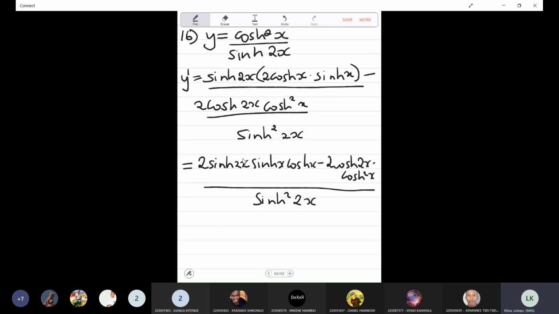You can change this sine hyperbolic of 2x, then you end up with a sine squared, cos squared, and then the 4 there. You can do that, but I don't know if that is that much better than what we have already.